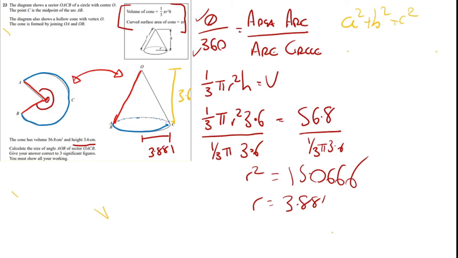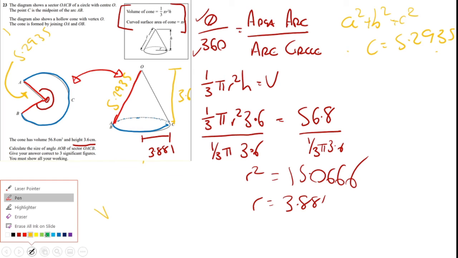I'm going to type in 3.881 squared plus 3.6 squared, and square root my answer, which makes c equal 5.2935. So now my lateral height is 5.2935, and it's bigger than 3.6. That makes sense. That also means that the radius of my sector is 5.2935.